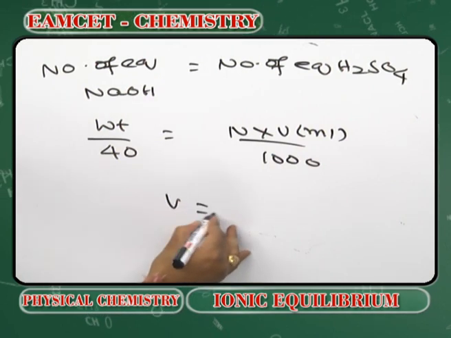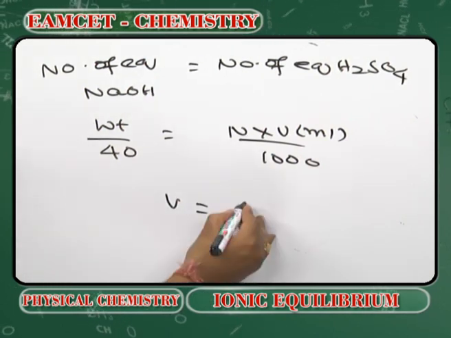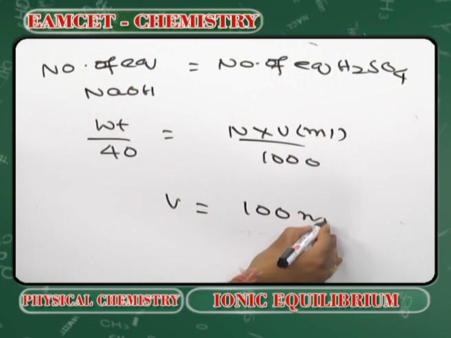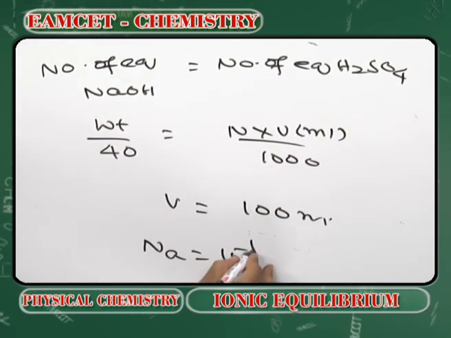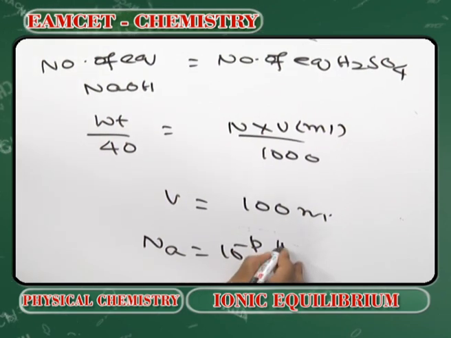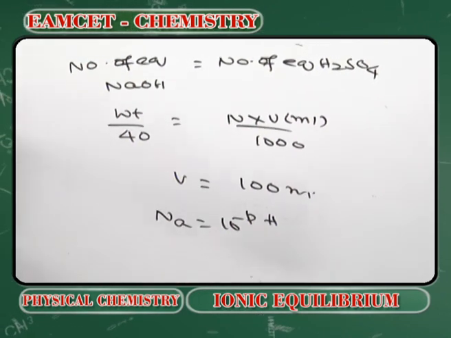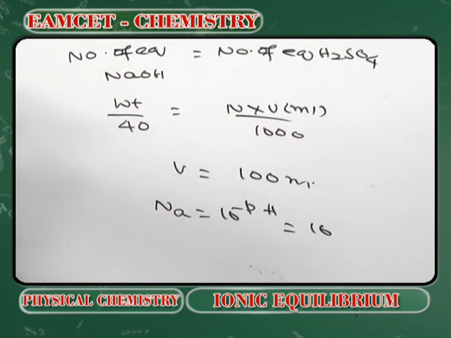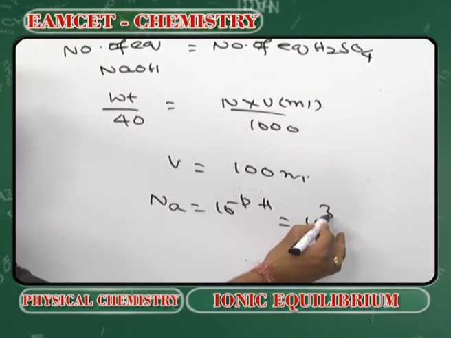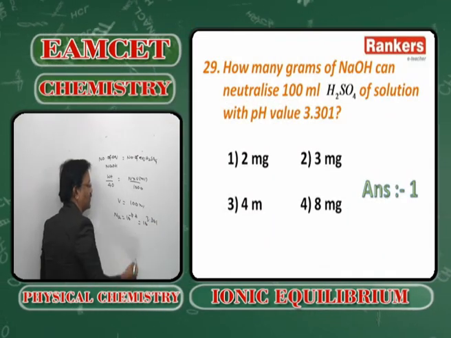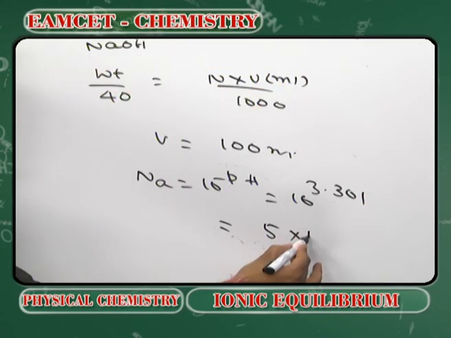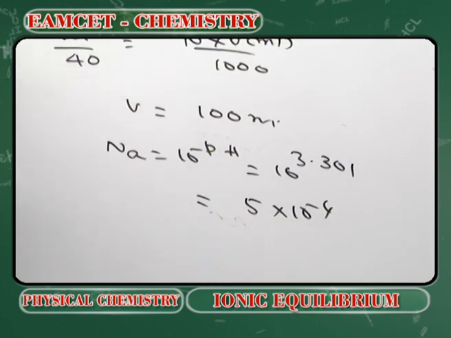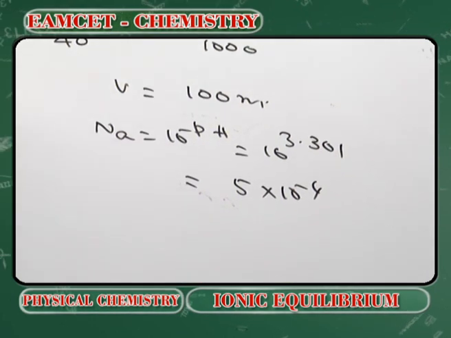For H2SO4, what is the volume? 100 ml. For 100 ml, the normality of the acid is equal to 10 to the power minus pH, that is 10 to the power minus 3.301, which can be written as 5 into 10 to the power minus 4.